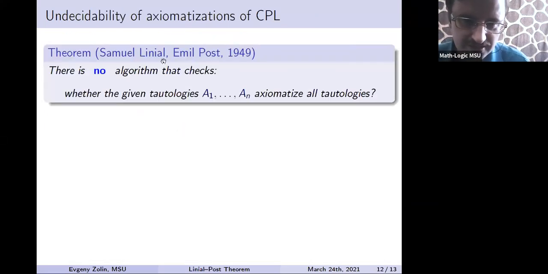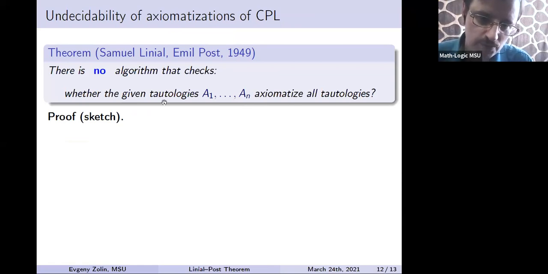So here is again the formulation of the theorem. There is no algorithm that checks whether a given set of formulas axiomatizes all tautologies. Our first problem is about words in some alphabet, and our second problem is about formulas. So we need to encode symbols or letters in the alphabet sigma with some formulas.